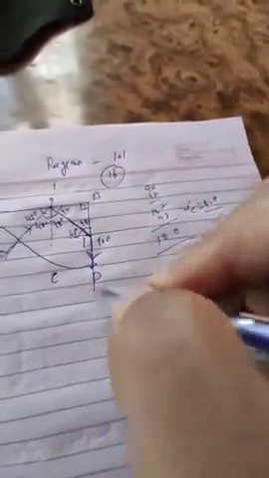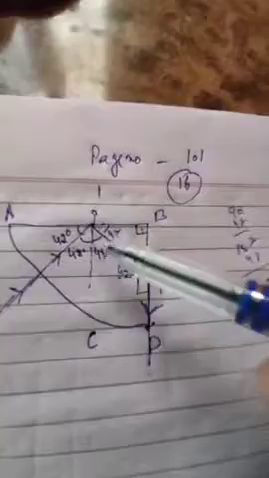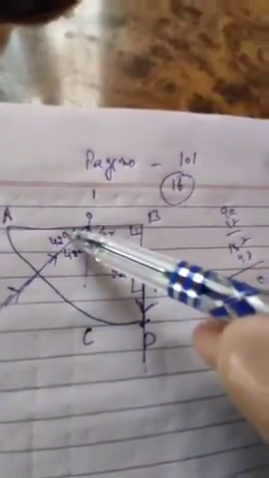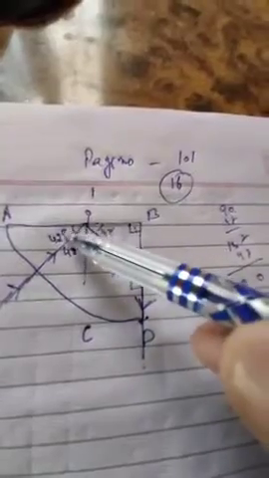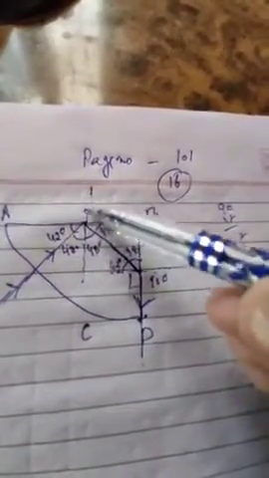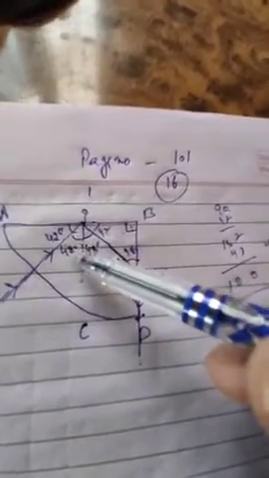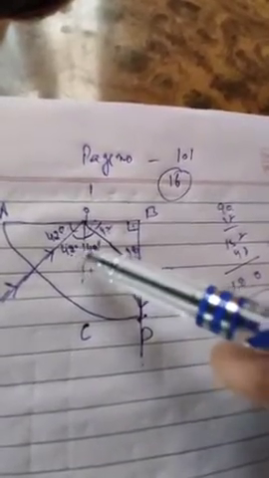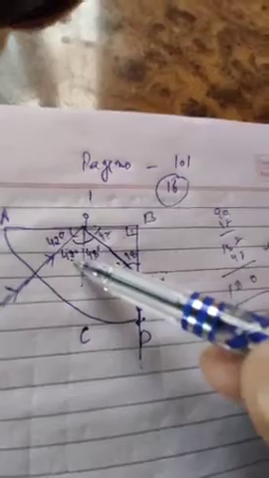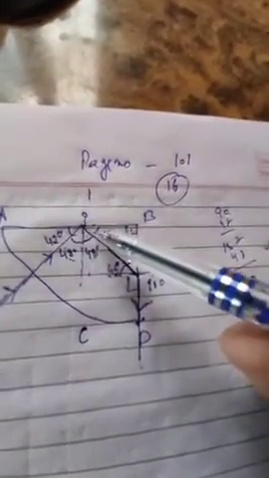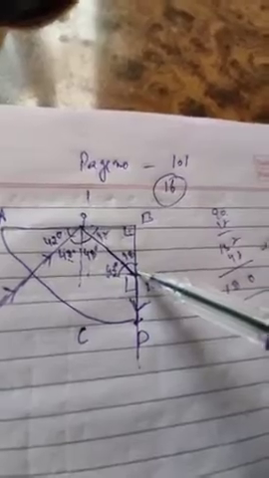So the path of the ray will complete like this. Once again, students, the ray of light strikes here, 42 angle is given. So if this is 42, the normal means 90 degrees. So 90 minus 42 means this is 48, which is more than the critical angle. So total internal reflection will take place. So this ray will get totally reflected inside the slab.